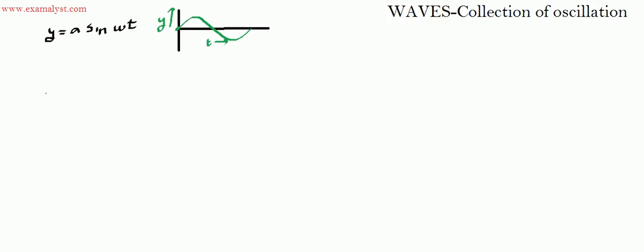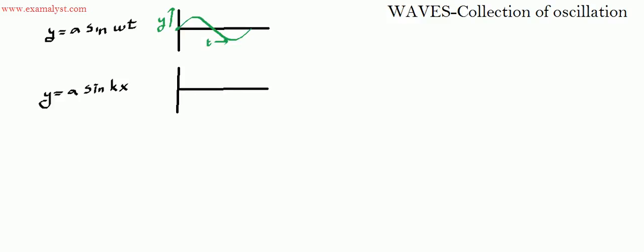And next we studied an equation where y was a sine kx, and we said that this particular equation does not represent a wave, because no doubt it makes a wave-like structure in space, but it does not give the wave any motion.